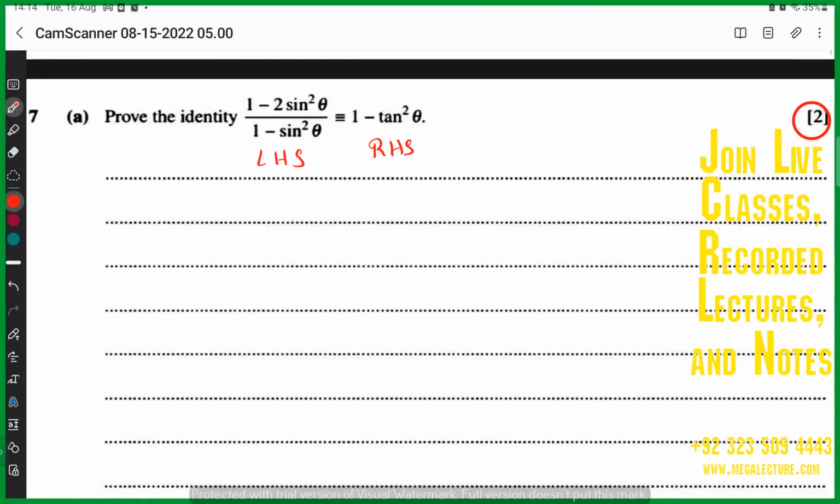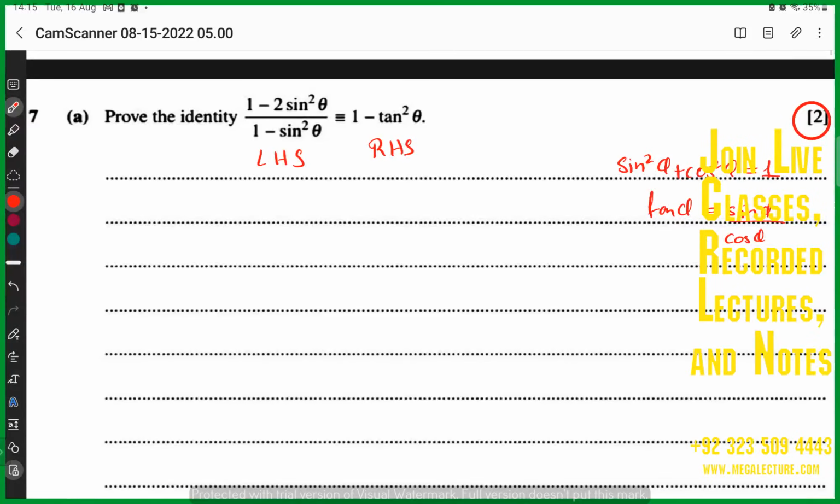Okay, this is what the idea is. Okay, this is not that simple. Let's write down the helping identities we have. We know that sine square theta plus cos square theta is equal to 1, and we know that tan theta is equal to sine theta divided by cos theta. These are the two things, the two identities that we need to consider before talking about anything.